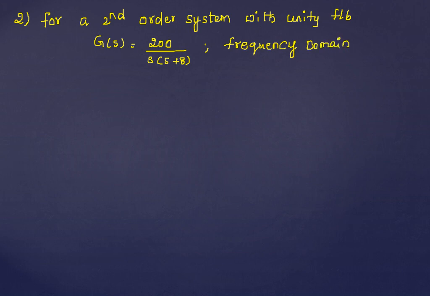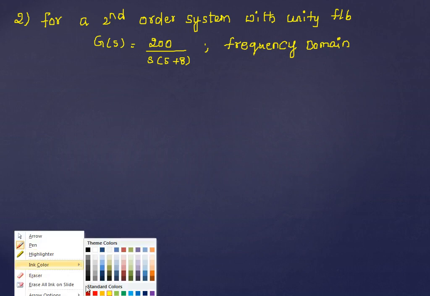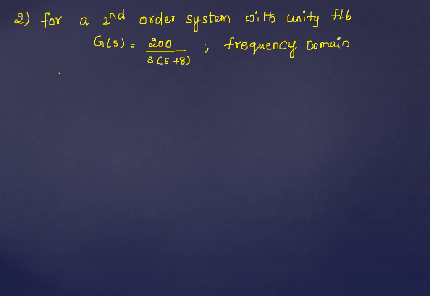To do this, first we have to know the value of zeta and the value of omega n. If we know these values, only then can we calculate the frequency domain specifications.